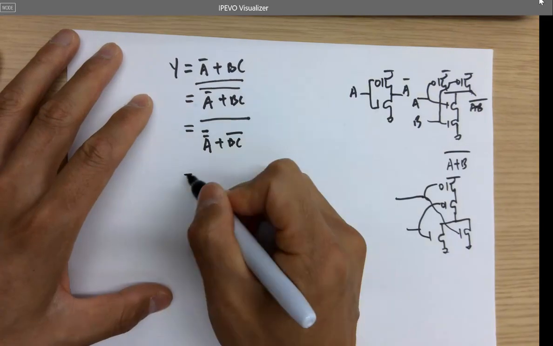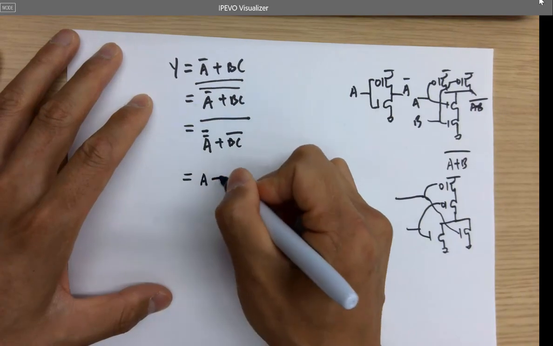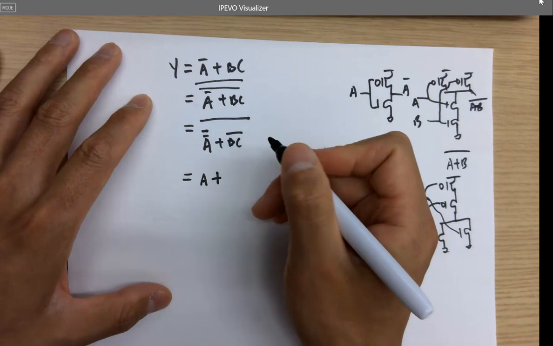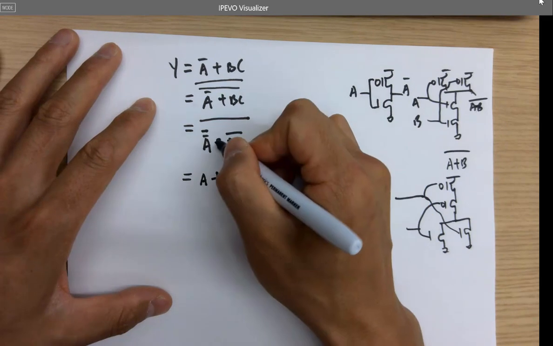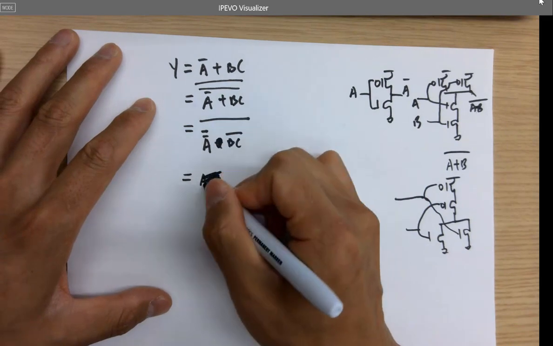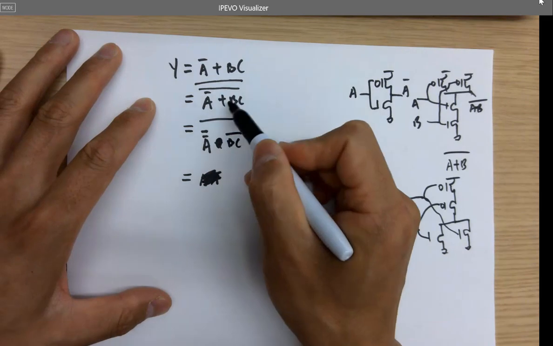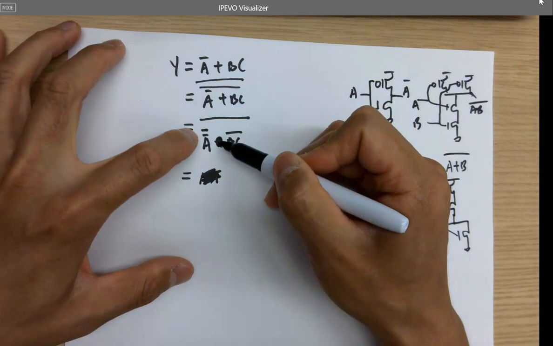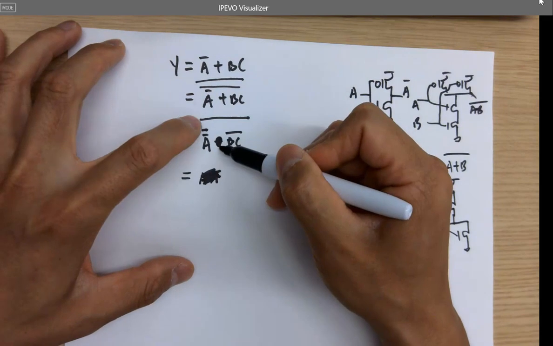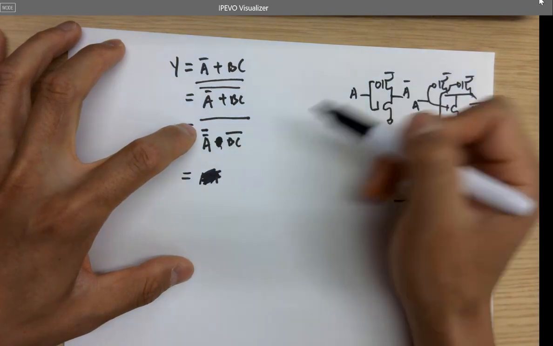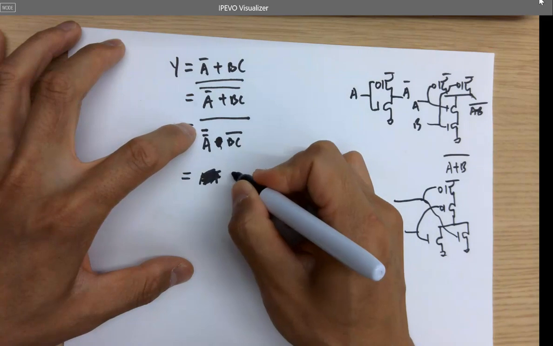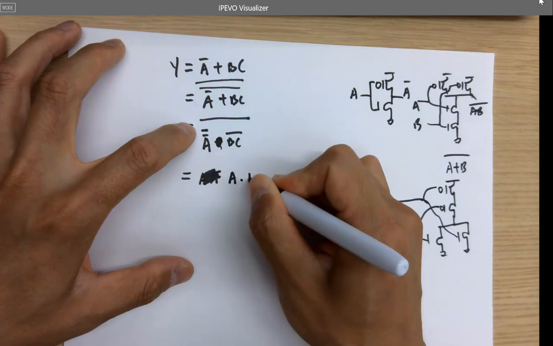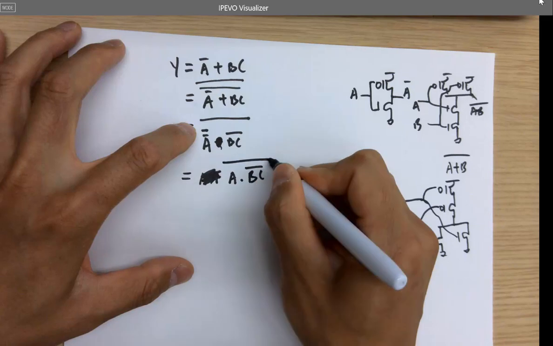Right, and this becomes A or, sorry. Split the bar and change the sign, right? Split the bar into two halves and change the sign from or to and. And this becomes A and B, C, not, not.